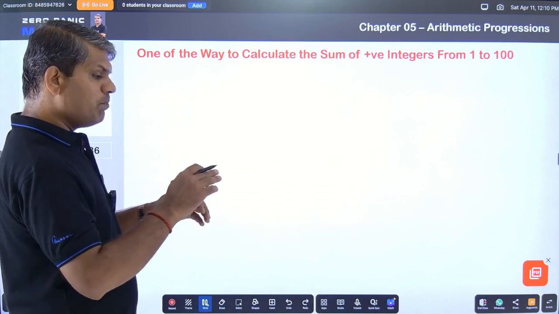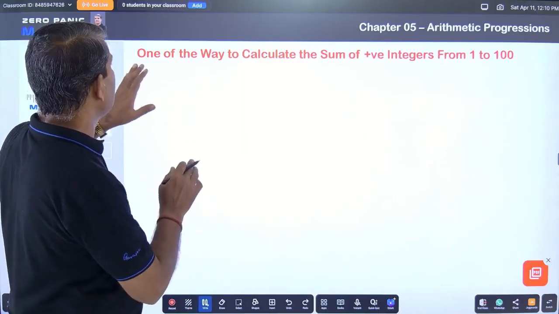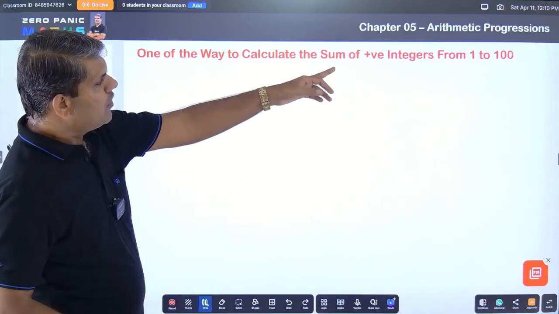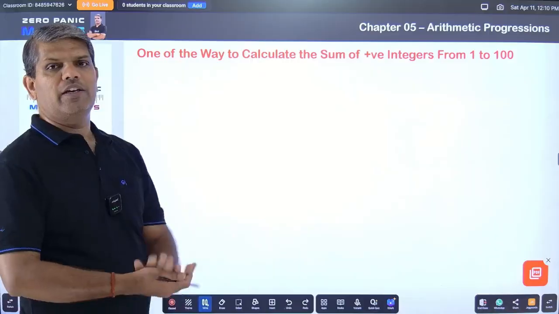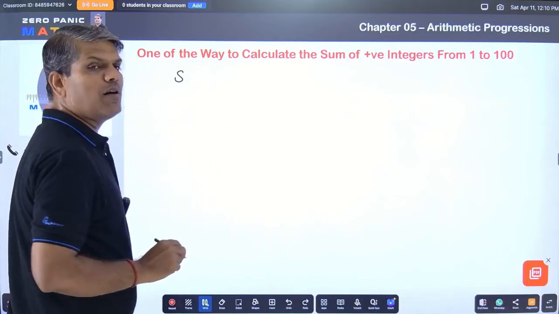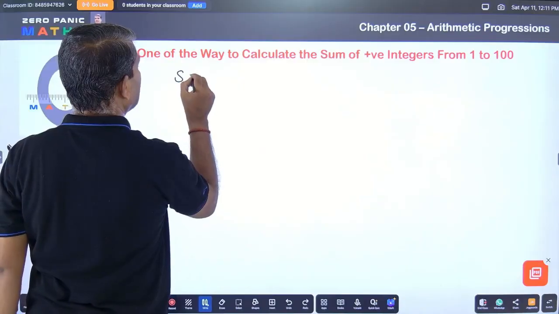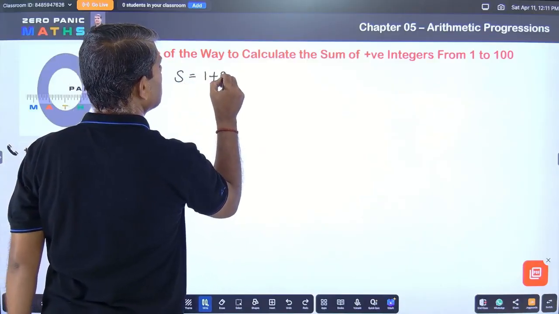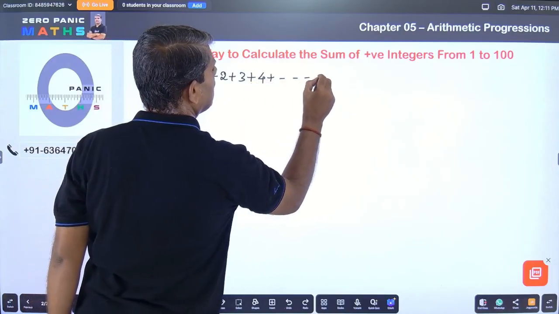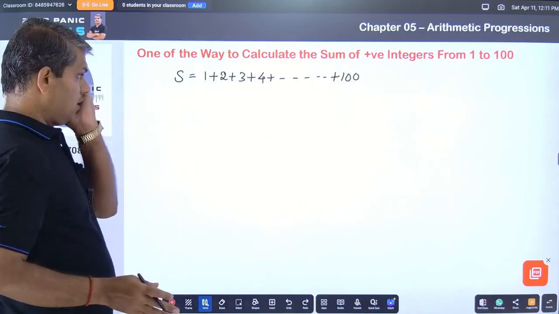Before we actually derive that formula, let us see one way to calculate the sum of positive integers from 1 to 100. Assume S represents the sum of the numbers from 1 to 100, so S is equal to 1 plus 2 plus 3 plus 4, and so on till 100.